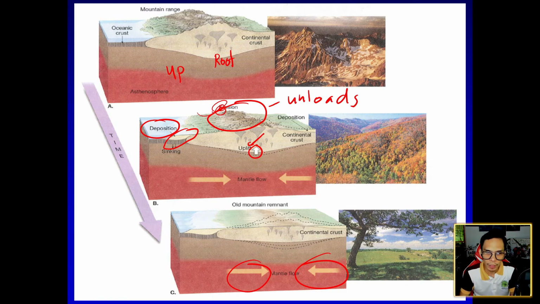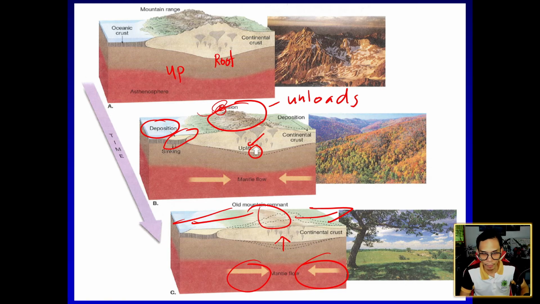As the mountain continues to erode, it will continue to uplift until no more roots are found in that particular mountain. Is it possible to make the mountain a completely flat land?